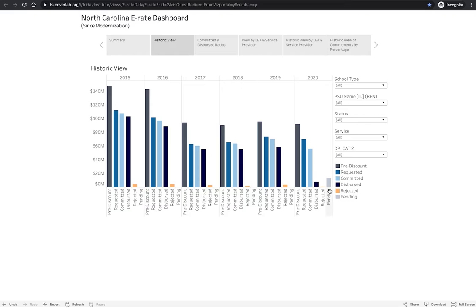So the only year that should have pending is the current year 2020, which has about 13 million still to be resolved by USAC. Now, it is interesting to see a significant trend down in total cost, and things to remember is in 2015 with E-rate modernization, voice services were completely eliminated.